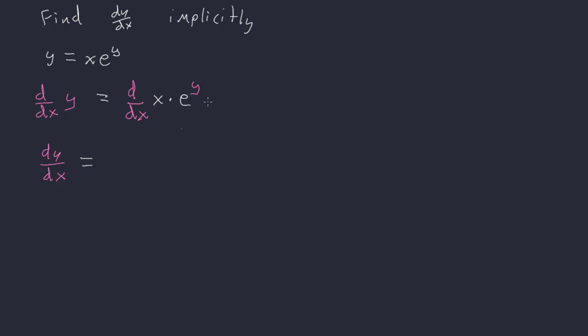But on the right side, we have to do the product rule. So it will be the derivative of the first, which is x, so that'll be 1 times e^y, plus the first left alone, times the derivative of the second. The derivative of the second is going to be itself, e^y, times the derivative of the stuff, which is y.